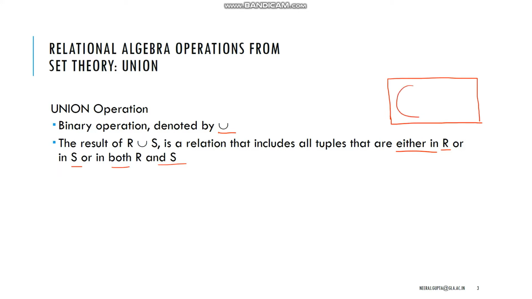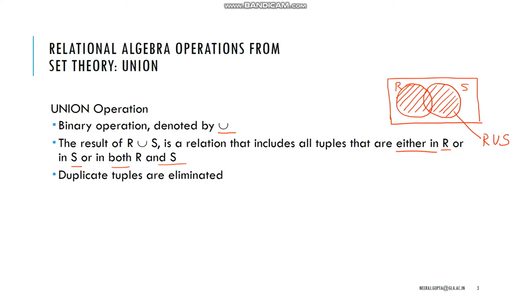Suppose this is R and this is S. So what is R union S? The whole set of R with these lines is R union S.